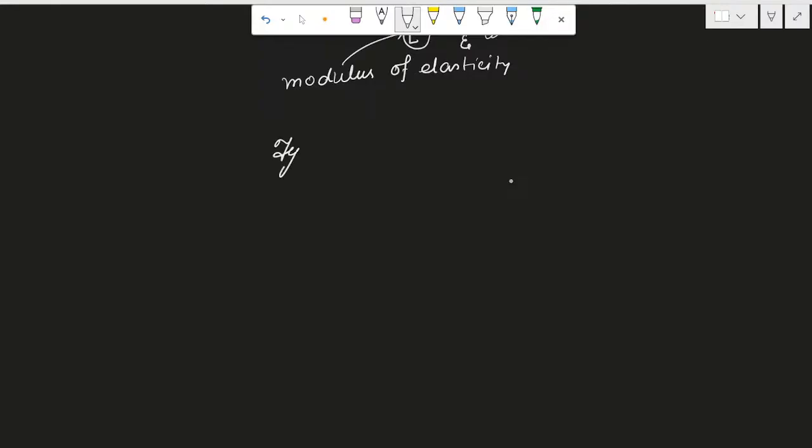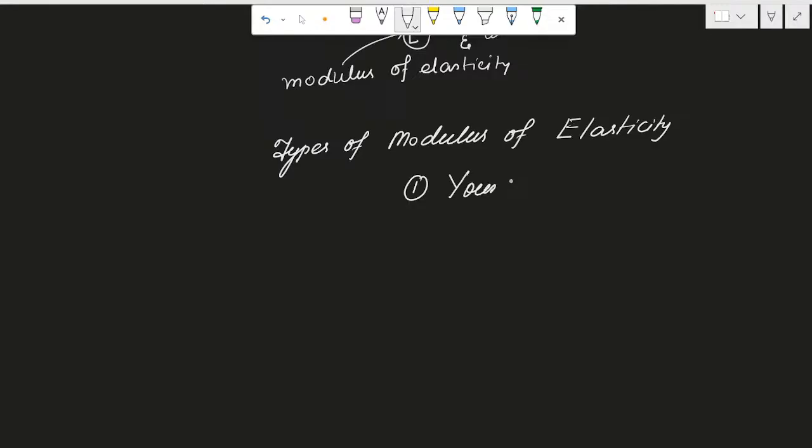The first type is Young's modulus of elasticity.